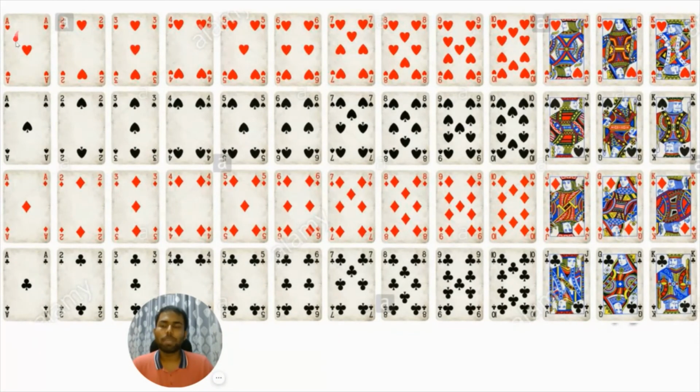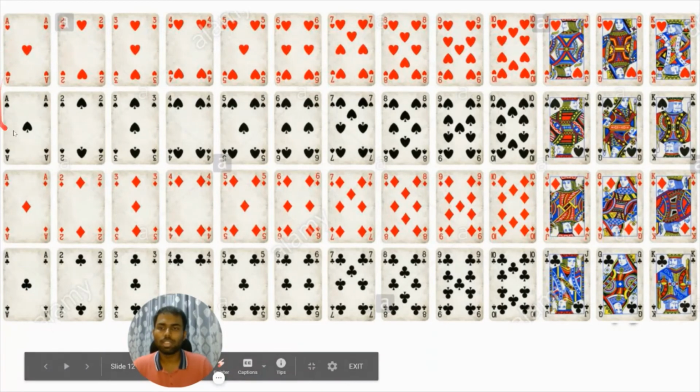First, the first card is always A. It's not number 1, it's A. Then it goes from A, 2, 3, 4, 5, 6, like this up to 10, and after 10 you have J for Jack, Q for Queen, K for King. And from A to King, there are 4 types of cards.